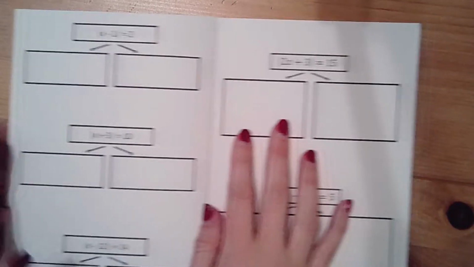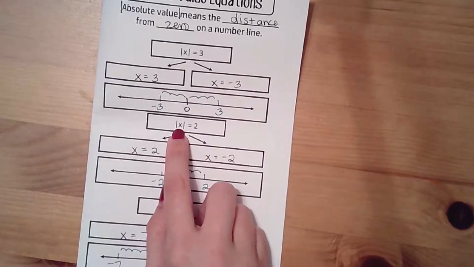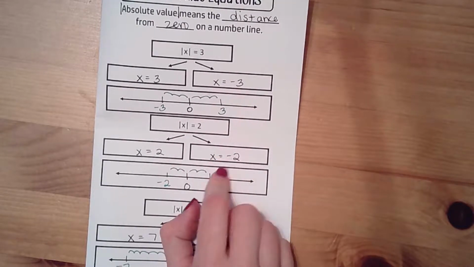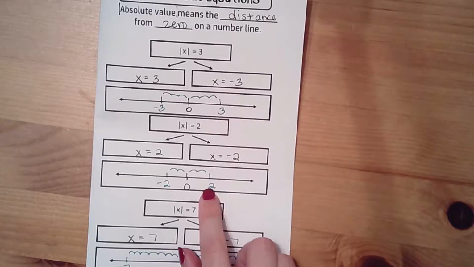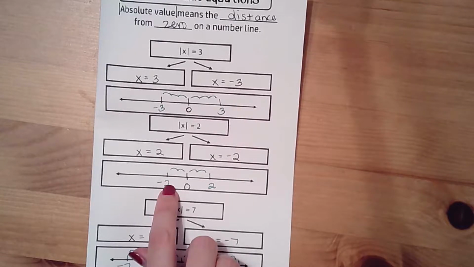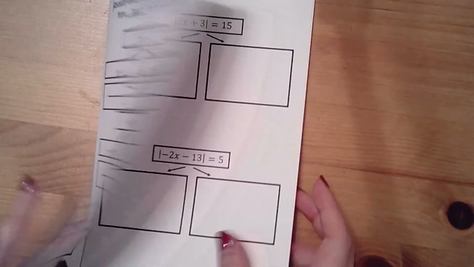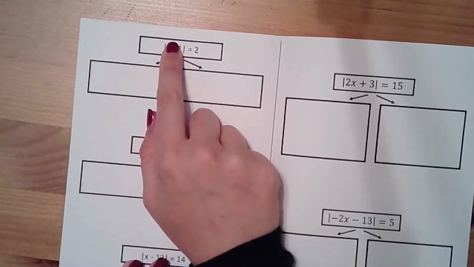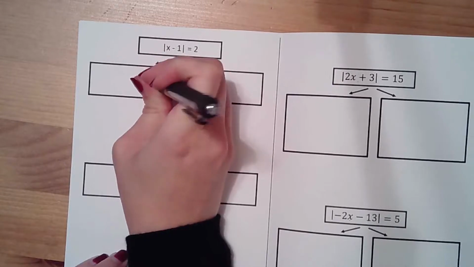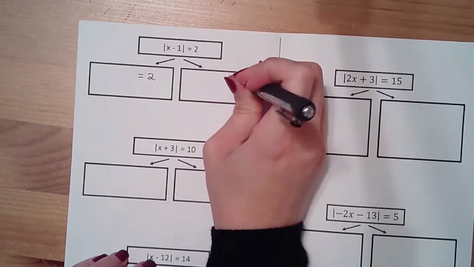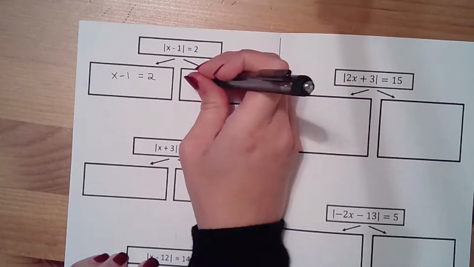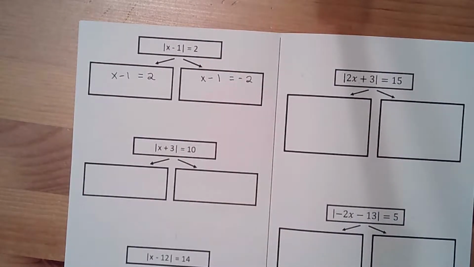Well, I know if I have the absolute value of something and it equals 2, that either means I moved 2 spaces in the positive direction and I'm at positive 2, or I moved 2 spaces in the negative direction and I'm at negative 2. So when this says the absolute value of something equals 2, I know there are 2 possibilities. It either equals positive 2 or it equals negative 2. And in this case, it's x minus 1 that either equals positive 2 or negative 2.